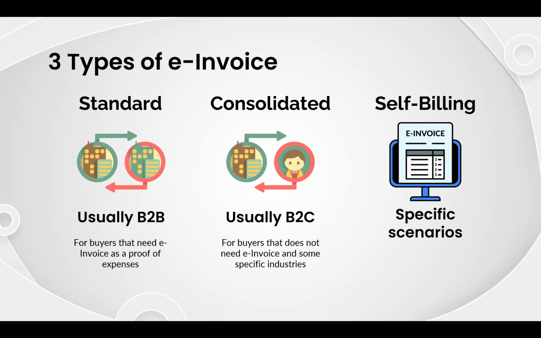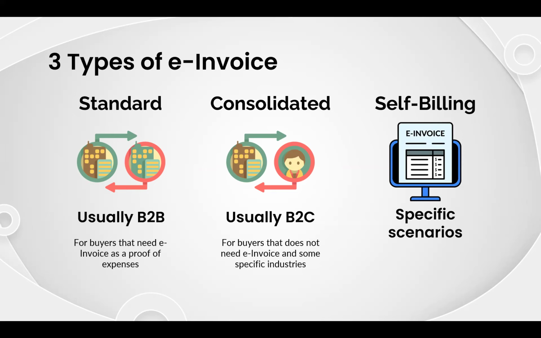Okay, so these are the three types of e-invoice. One is standard B2B. Second is consolidated B2C. The third one is self-billing. Self-billing is usually for purchases, which is a proof of expense.